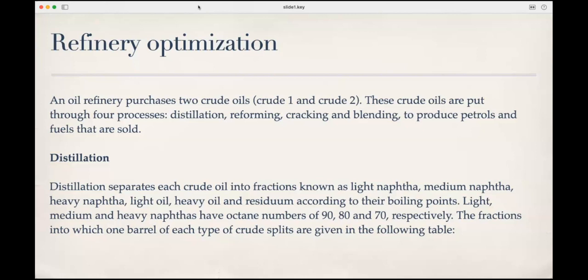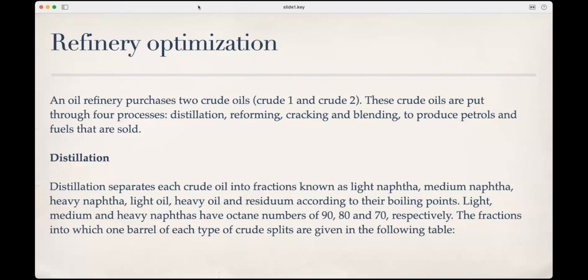For distillation, we start from crude oil, right? We distill and then separate the crude oils into different streams, right? Okay. And then, some of the product will be sent to the reformer, okay?